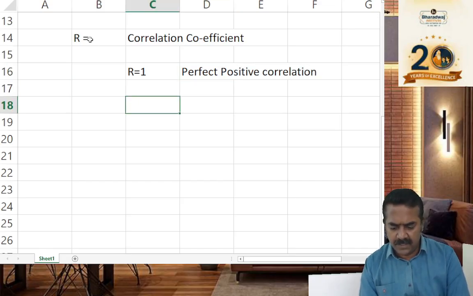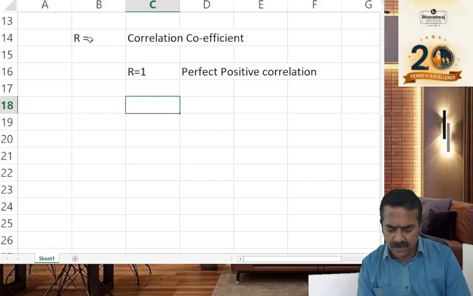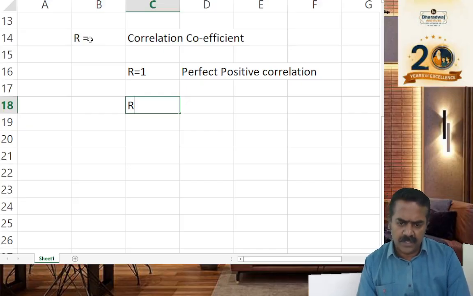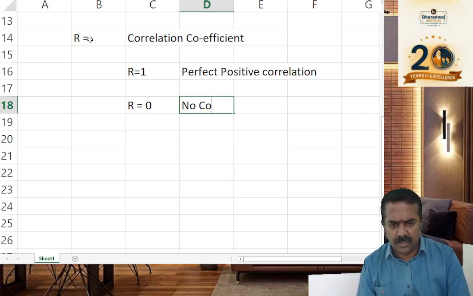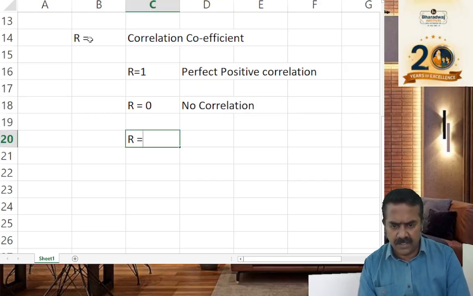If R is 0, no correlation. If R is -1, we say perfect negative correlation.